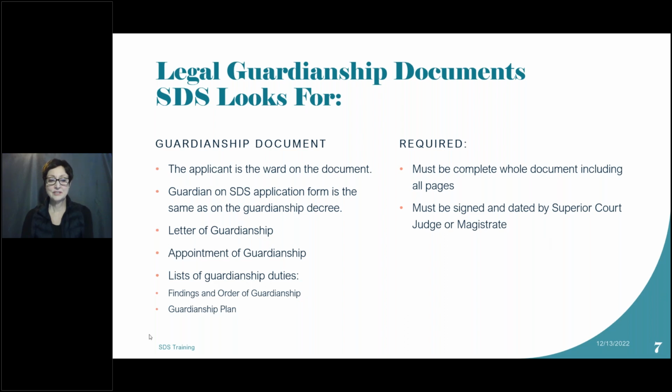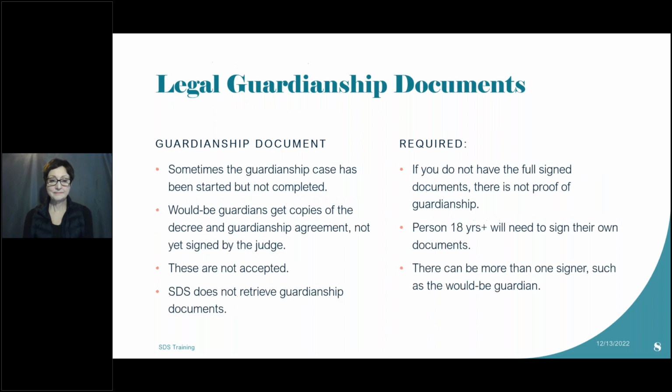Knowing that guardianship is a process, it takes time to get the whole final document, and many times people are given a copy of the draft or other documents prior to actual final guardianship. What we're looking for is the signature and or the seal, which contains a signature. They always sign it too. And that says that it's the final one. So that's what I'm trying to explain here.